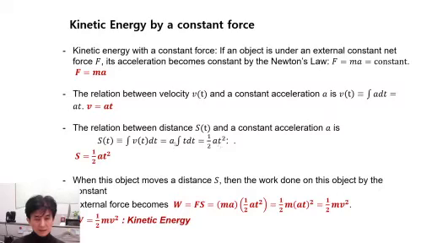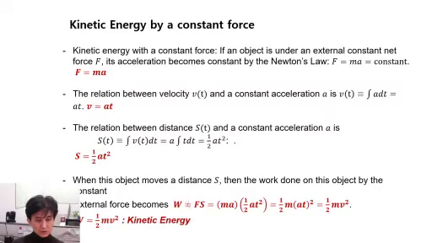So the integral of t with respect to t becomes 1 over 2 t squared. So the distance traveled by an object with a constant acceleration becomes 1 over 2 a times t squared, where a is a constant.